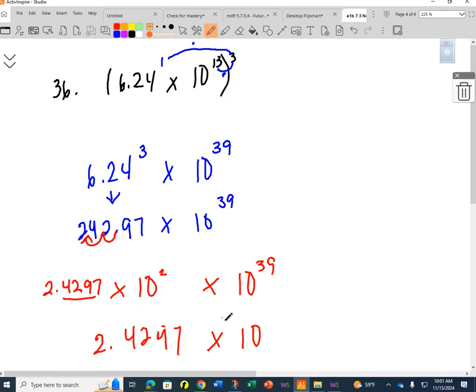With like bases, we're multiplying those, so what do we do to exponents? The like base comes to like base, you just add the exponent. So what's the exponent going to be? 41, right. 10 to the second times 10 to the 39. Like bases, when we multiply them, we just add the exponent. That's your final answer.